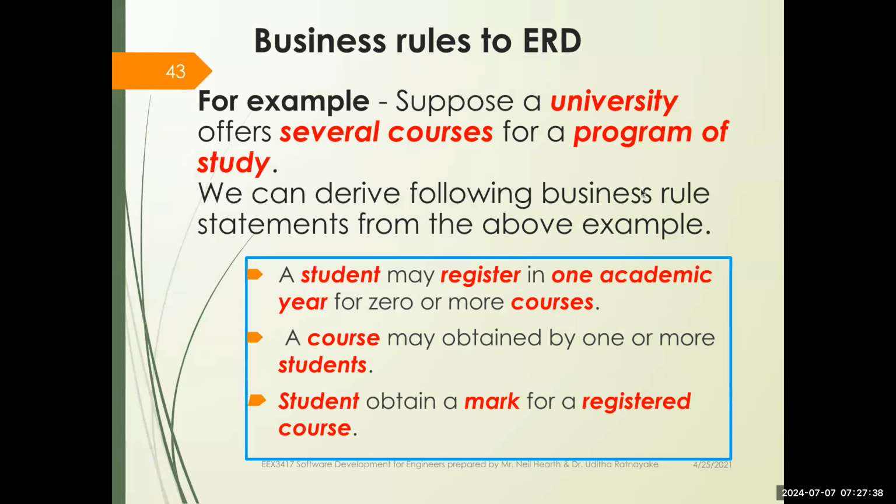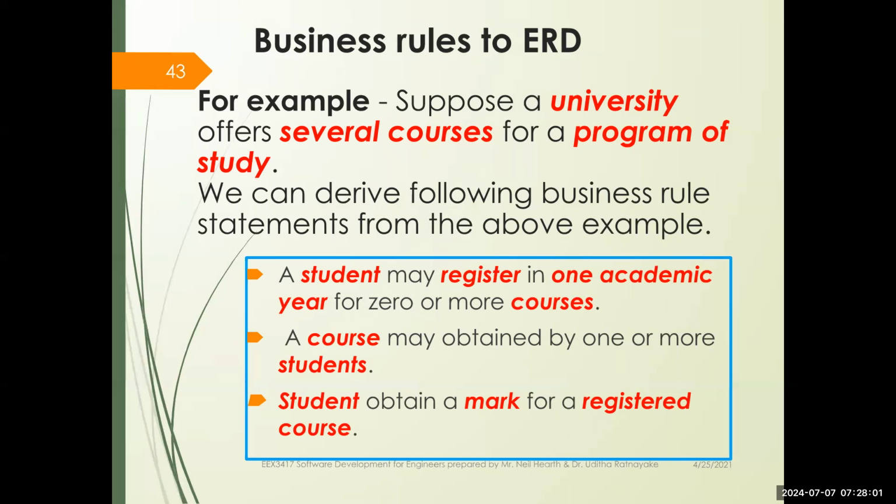Examples of business rules are: a student may register in one academic year for 0 or more courses. That is one rule.